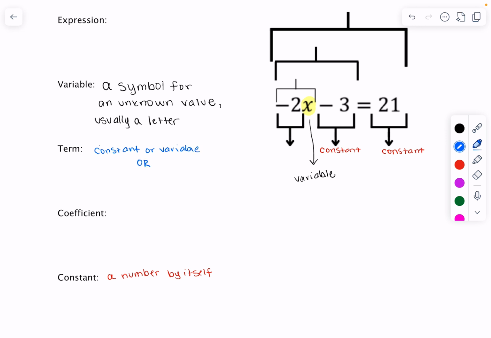Or, big or, it's numbers and variables multiplied together, and they're separated by plus or minus signs.